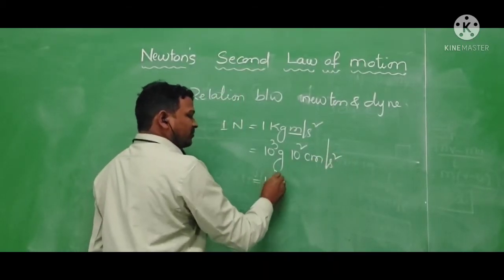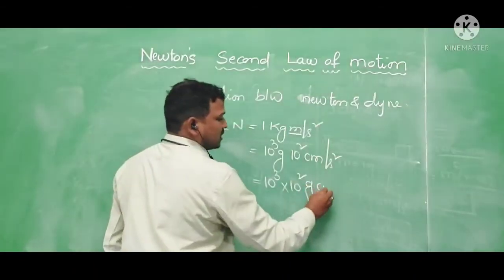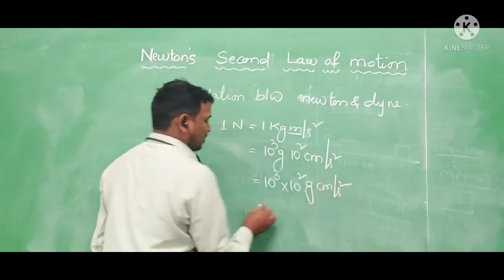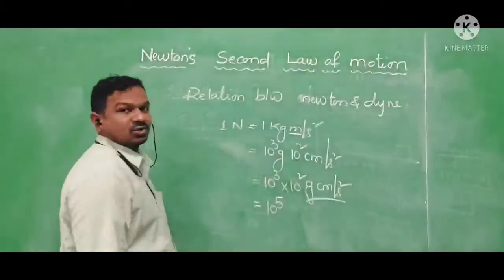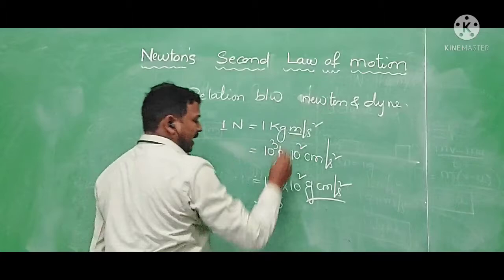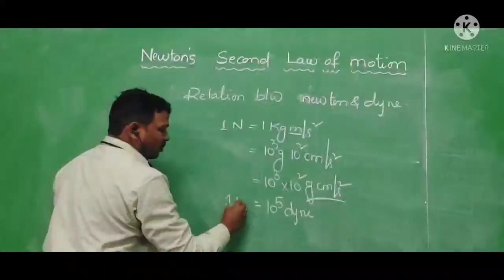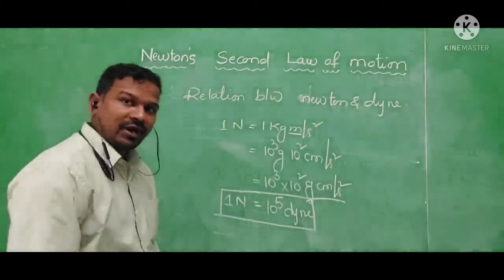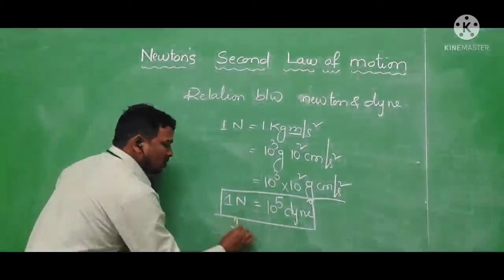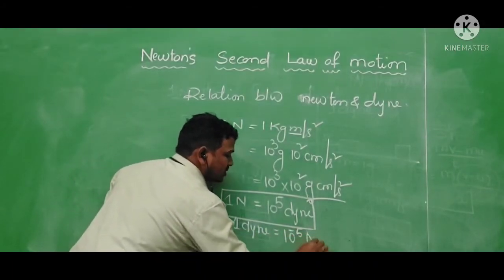So here, 10 to the power of 3 into 10 to the power of 2 gram centimeter per second square, that is 10 to the power of 5 gram centimeter per second square, can be written as dyne. Means 1 Newton is equal to 10 to the power of 5 dynes, whereas 1 dyne is equal to 10 to the power of minus 5 newtons.